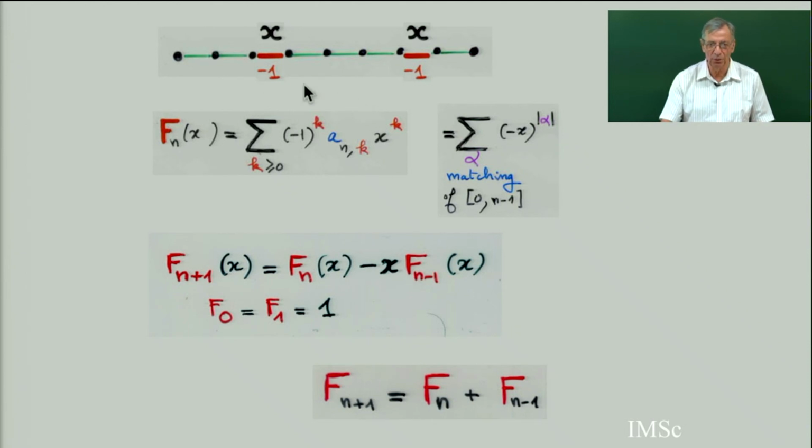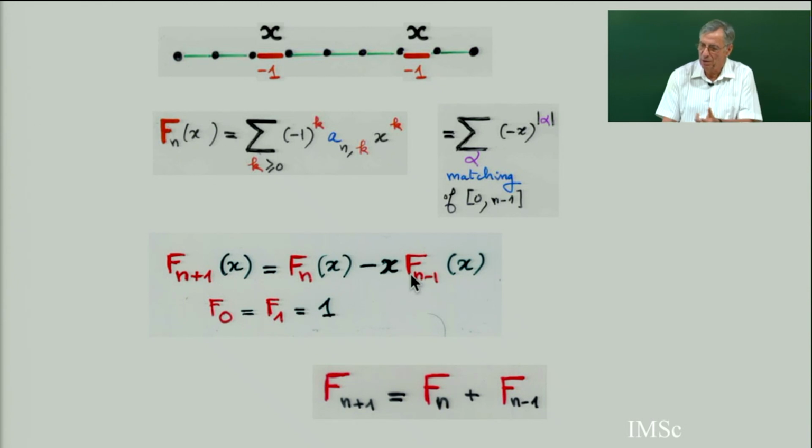How to prove this? If you take any matching, then you have two different choices. Maybe this point is isolated, there is no dimer on this point, so this gives you F_{n+1} equal to F_n, this term. And if there is a dimer, which is weighted minus x, this gives you this term.